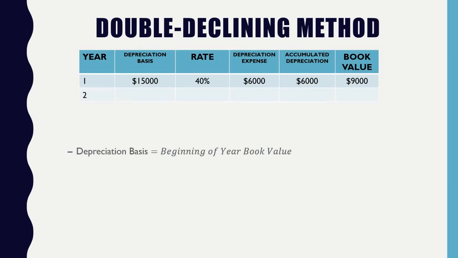So that's what we have to recognize here: because of book value, we're going to take the 9,000 and it's going to now become the depreciation basis. And now we can go ahead and calculate the second one. So the second one is going to be the depreciation rate.